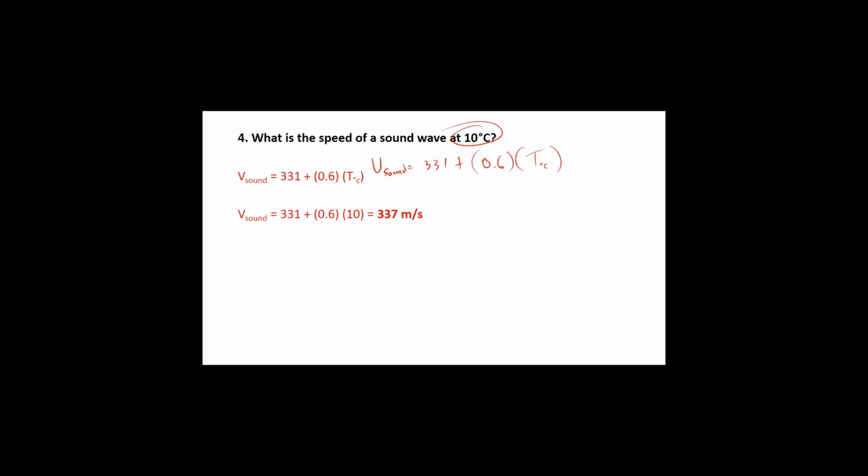Then one last question together, but then I want you to keep on working on your own. How long would it take someone at the top of the Eiffel Tower? So I'm going to draw my poor version of the Eiffel Tower. So someone's up here at the top of the Eiffel Tower, and someone's down here. How long would it take them to hear yelling 300 meters away? This is not an echo problem. On a day the temperature was 15 degrees Celsius.